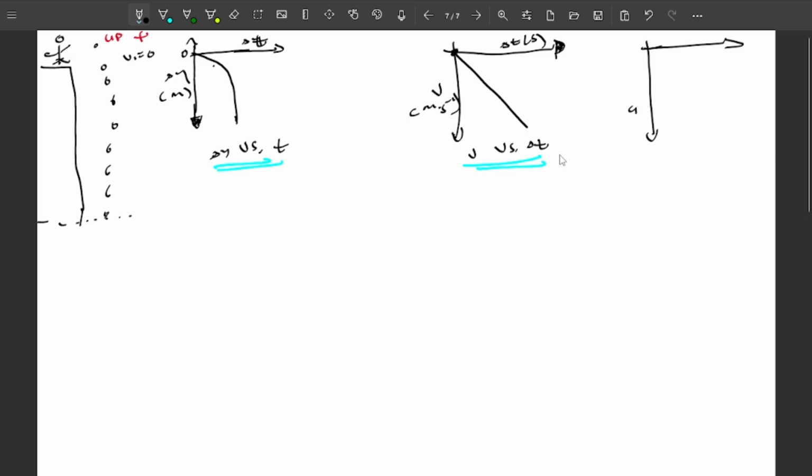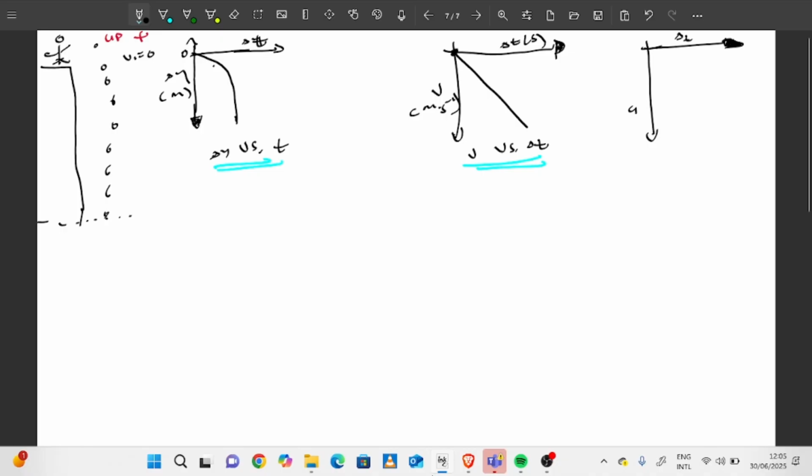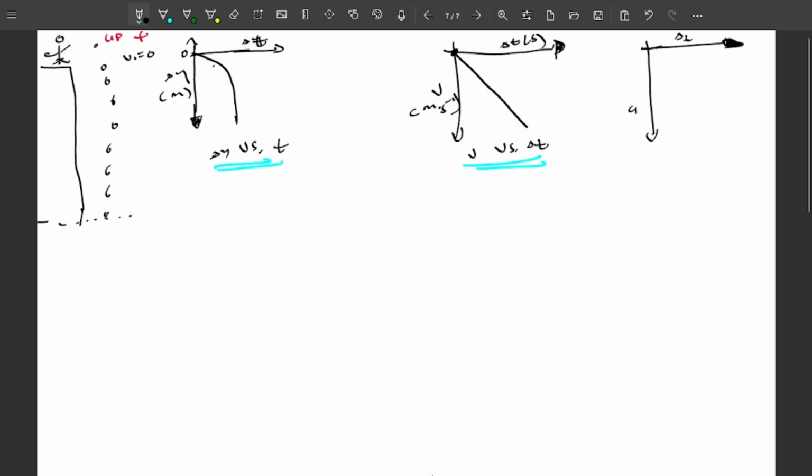Now acceleration, I'm just gonna draw it for this time only because if they ask it in the exam, they will be tricking many students because usually they are used to drawing the position and the velocity graph. Now for the acceleration, it's constant. It's the same because it's moving under the influence of gravity. So this is the acceleration. There's nothing much to it. It's boring, right? So let's look at it from a different standpoint, right?